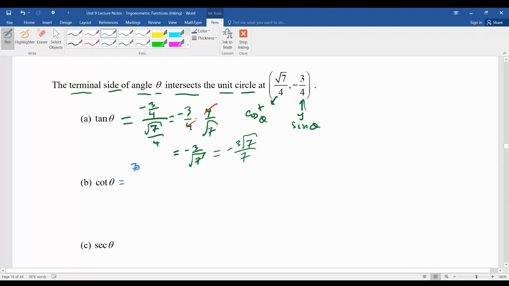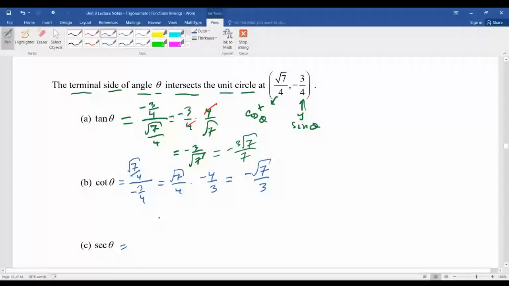So root 7 over 4 divided by negative 3 over 4. Then you multiply by the reciprocal, so root 7 over 4 times negative 4 over 3. The 4 and the 4 cross out, so we are left with negative root 7 over 3.